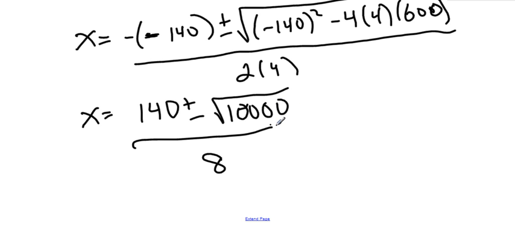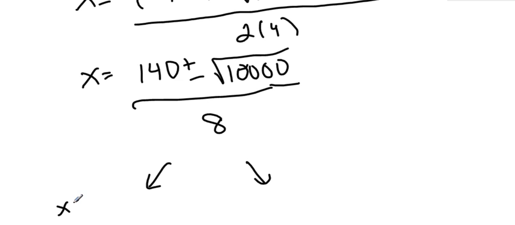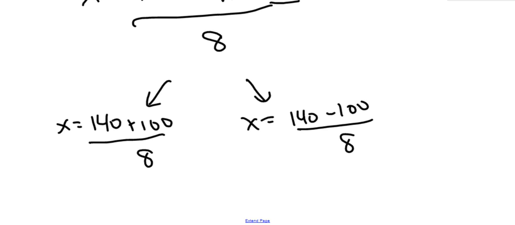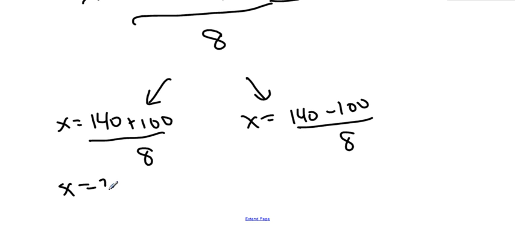Good. Now I'm going to split into 2 distinct answers, one of which is 140 plus the square root of 10,000, which is 100, divided by 8, and one of which is 140 minus 100 divided by 8. Doing that math, here I get x equals 30, and here I get x equals 5.